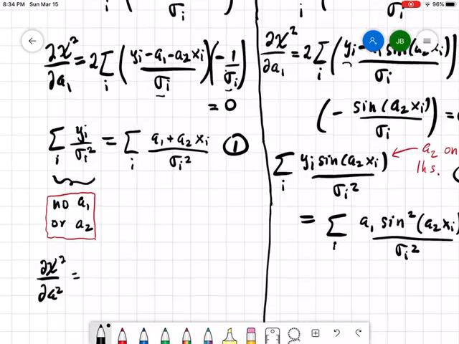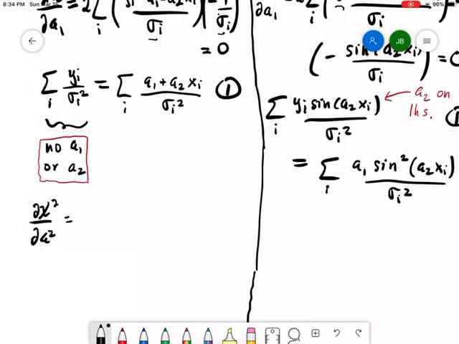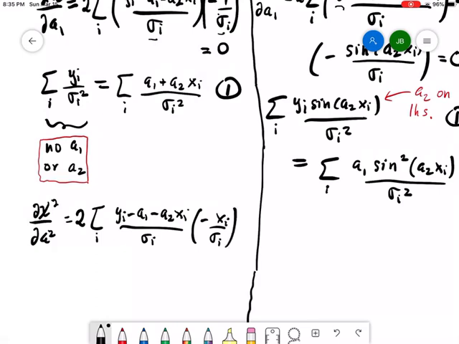So when we do the derivative, what we end up getting is 2 times the sum of yi minus a1 minus a2 xi over sigma i multiplied by, before we just had 1 over sigma, but this time our a2 multiplies an x. Okay, so we have an x over sigma with a minus sign, and then that has to be equal to 0.